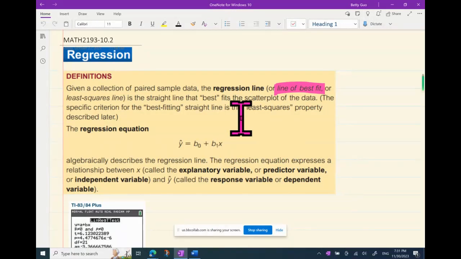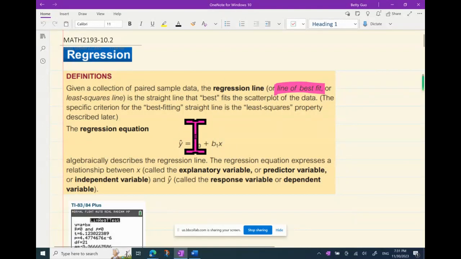Linear regression is to investigate the linear correlation between two variables. We have two data sets. Is there any linear correlation between the two data sets? And regression, or linear regression, is used to figure that out.